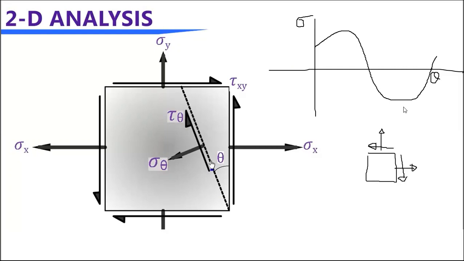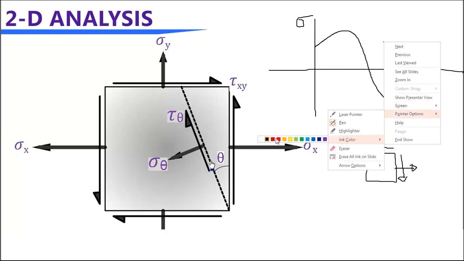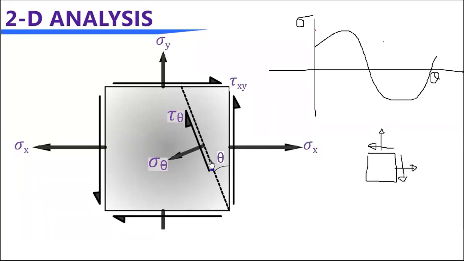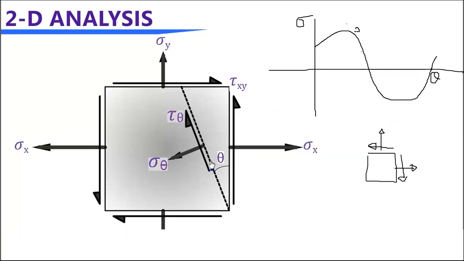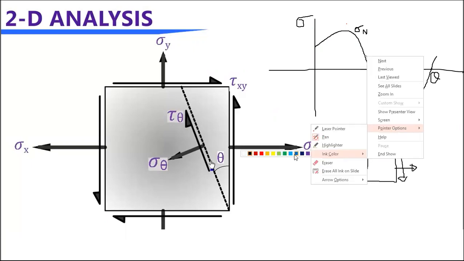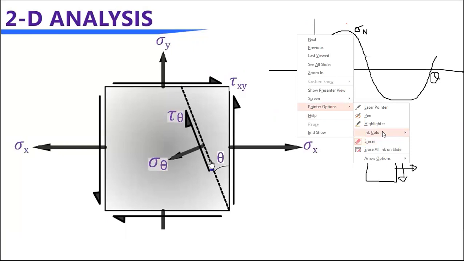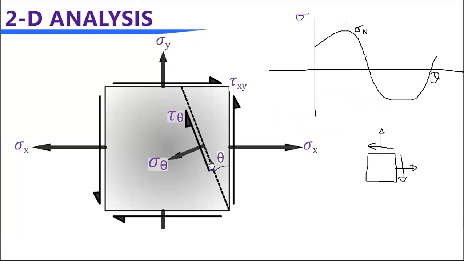So if you draw the shear stress, let's say this is sigma, the normal stress, or else this is shear stress.